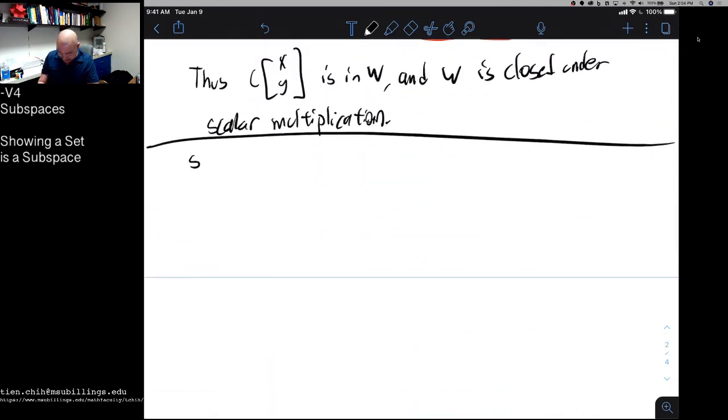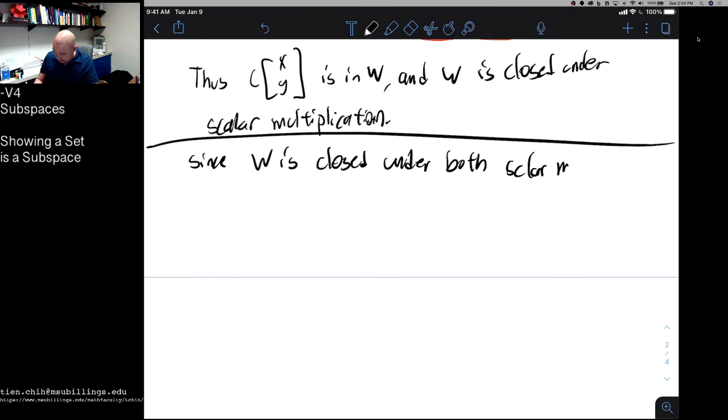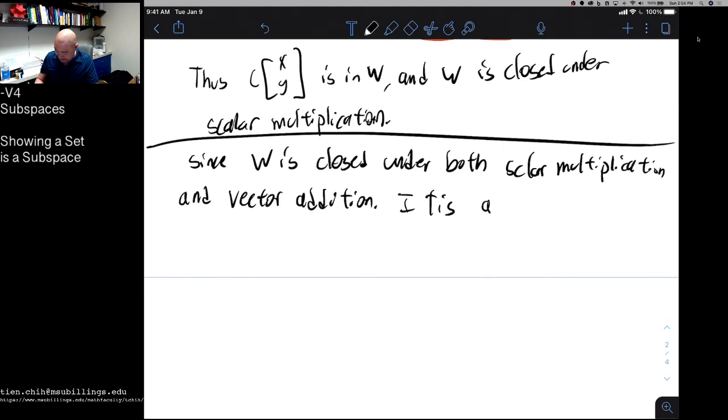So since W is closed under both scalar multiplication and vector addition, it is a subspace of R squared.